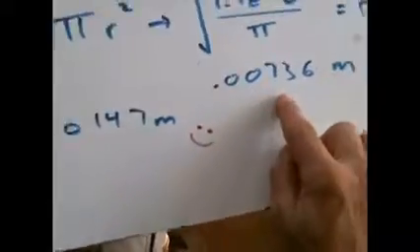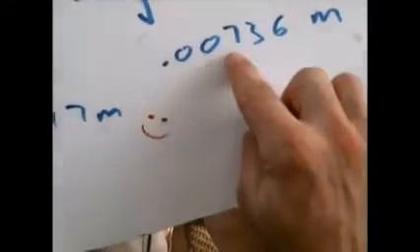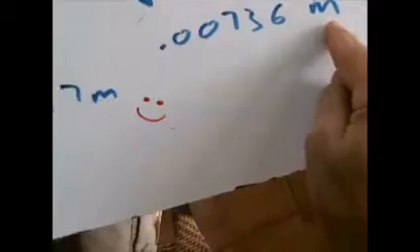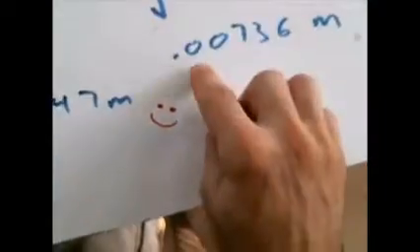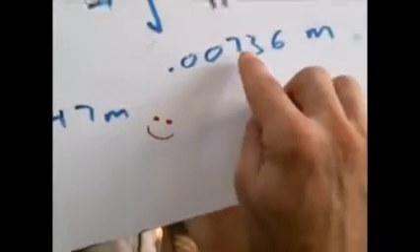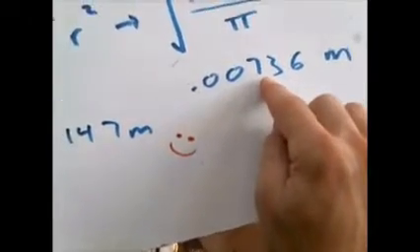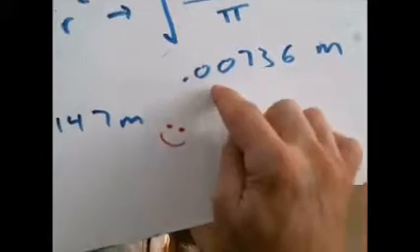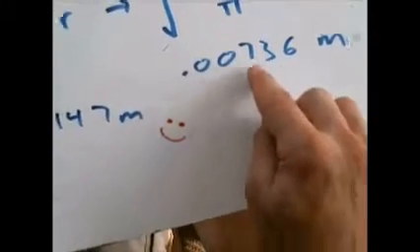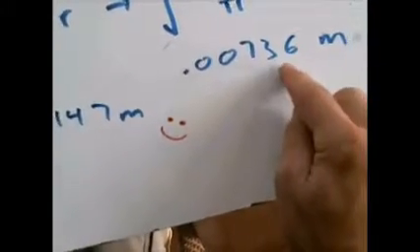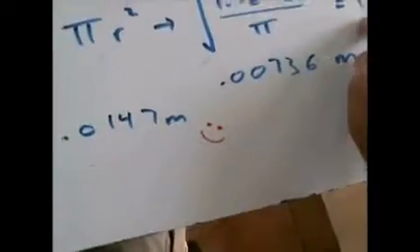Now this will give you a pretty small number, 0.00736 in meters. You probably won't write it that way. I would write it as 7.36 millimeters, but it's a very small number, 7.36 millimeters. Anyway, remember, that's the radius.